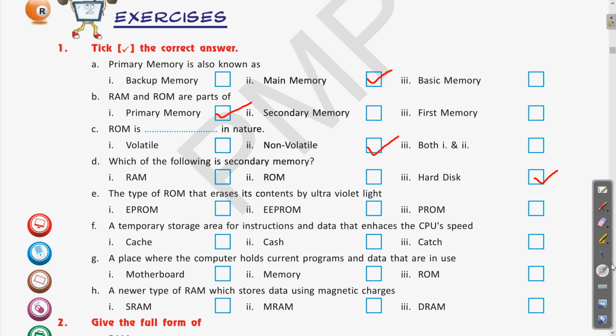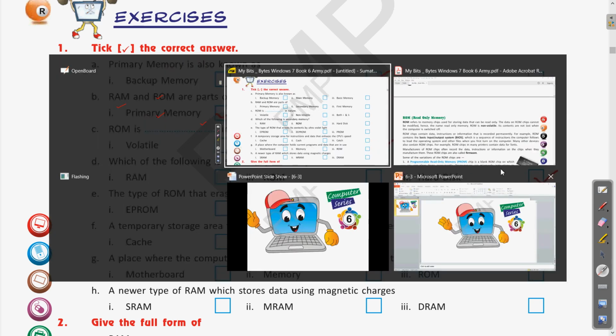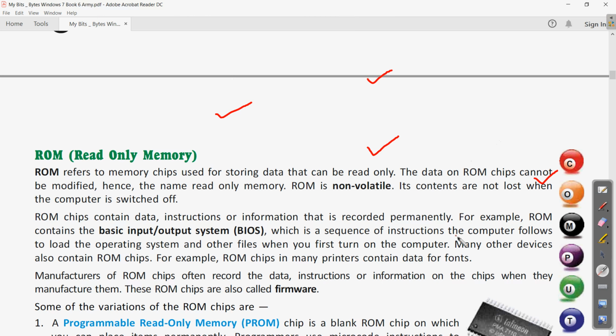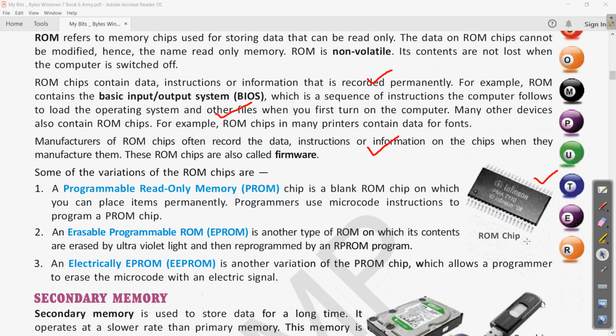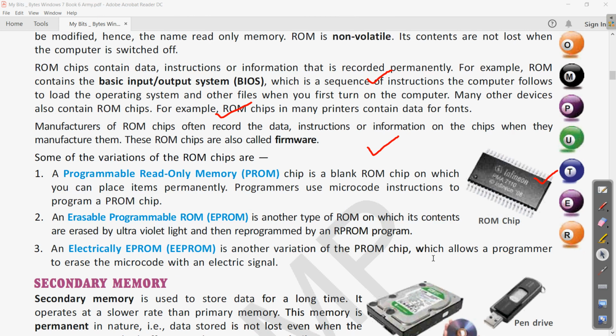Let us check also from the book as well, so that it will be easy for you. So ultraviolet erasing is done in which type of ROM? Okay, so here you can see that the ROM is of three types, that is PROM, EPROM and double EPROM. So the type of ROM in which the contents is deleted by ultraviolet light is what?